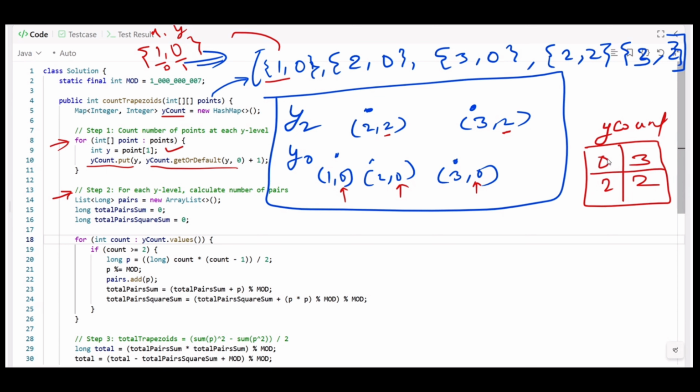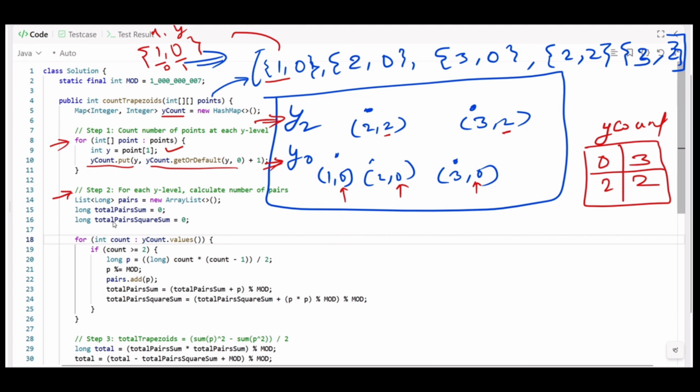That is why we have represented it like this, to make you understand. After that we have to compute the horizontal segment pairs per line, which means for each y level we have to calculate the number of pairs.